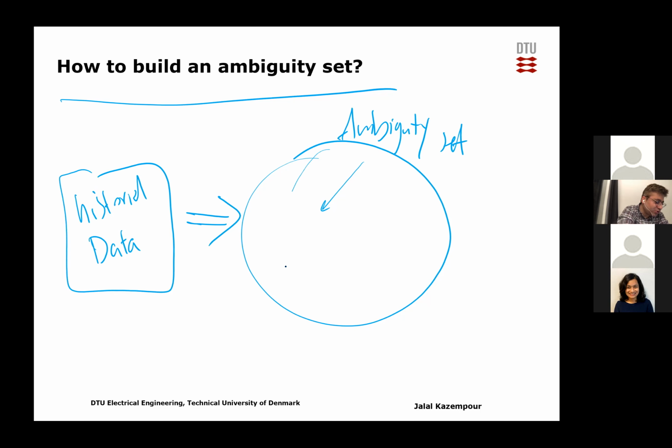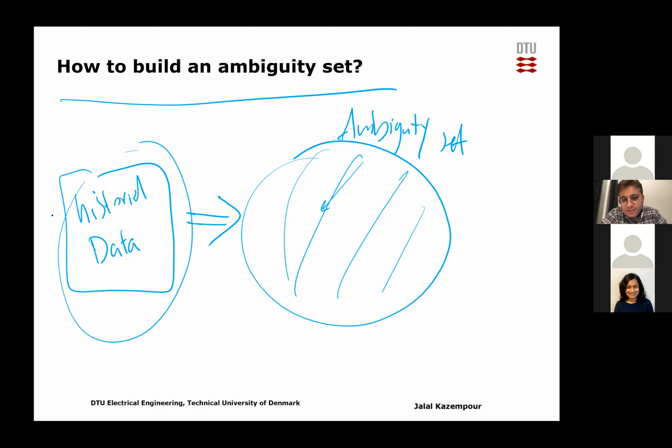Remember, this is a set full of distributions. They are just data. How can we build an ambiguity set that includes certain types of distributions that represent our historical data? Snell, maybe you can explain.